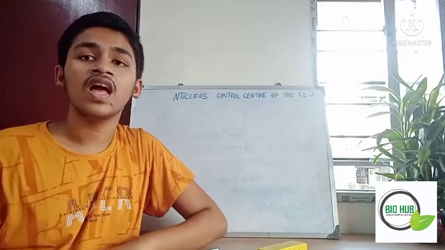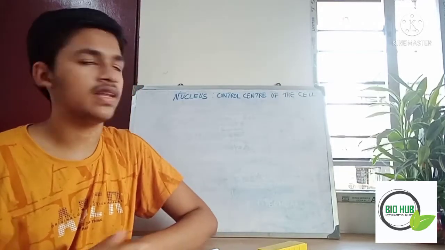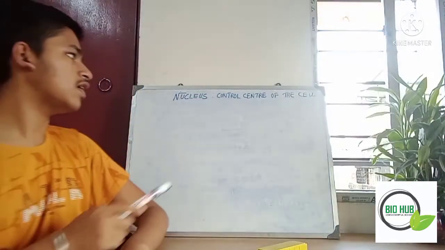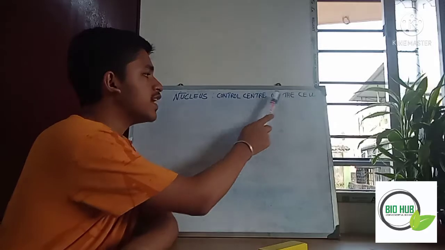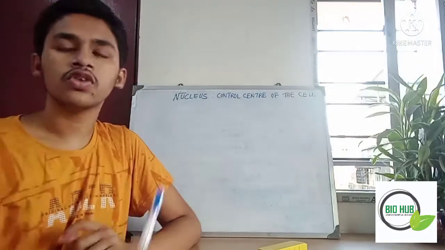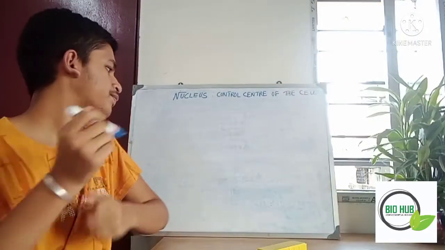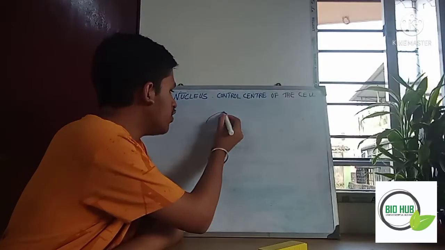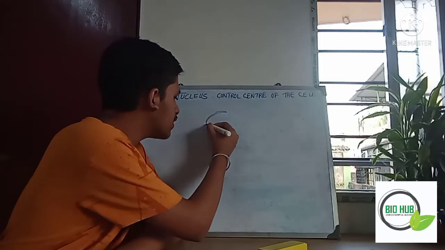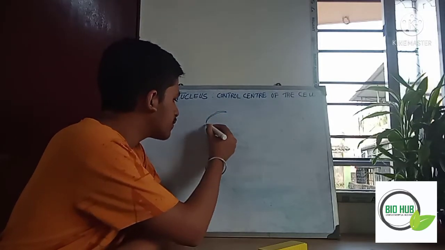Now we will come to the nucleus. As I already told earlier, the nucleus is the control center of the cell. You can note it down in your notebook. If I draw the structure of a nucleus, it is somewhat like this.